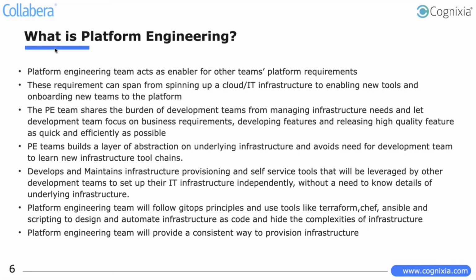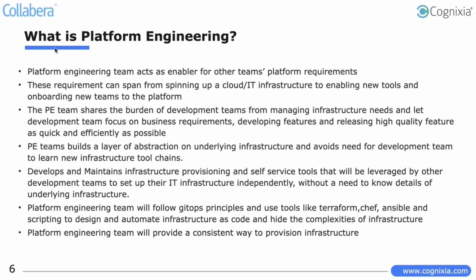That means all the teams might have similar kinds of requirements, and then it would be easier to have a single team managing these platform requirements. The requirements can span a lot: it can be spinning up cloud infrastructure, for example spinning up a Kubernetes cluster. It could be deploying CI/CD tools.